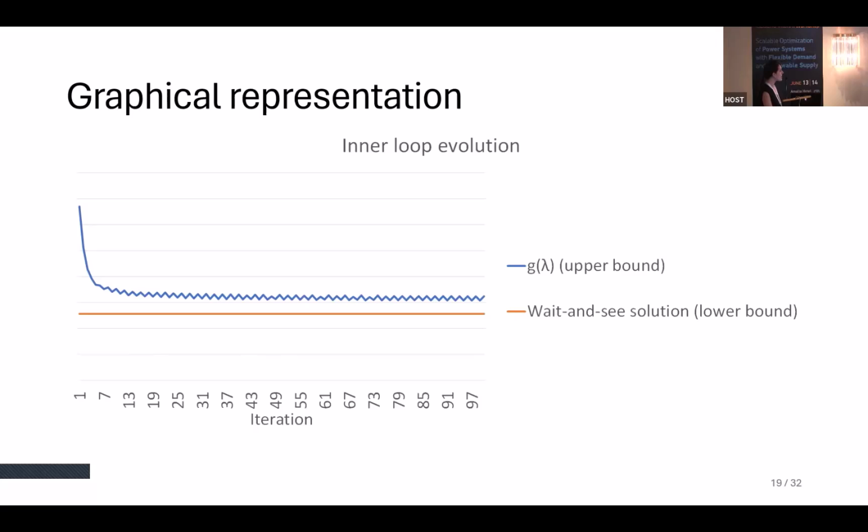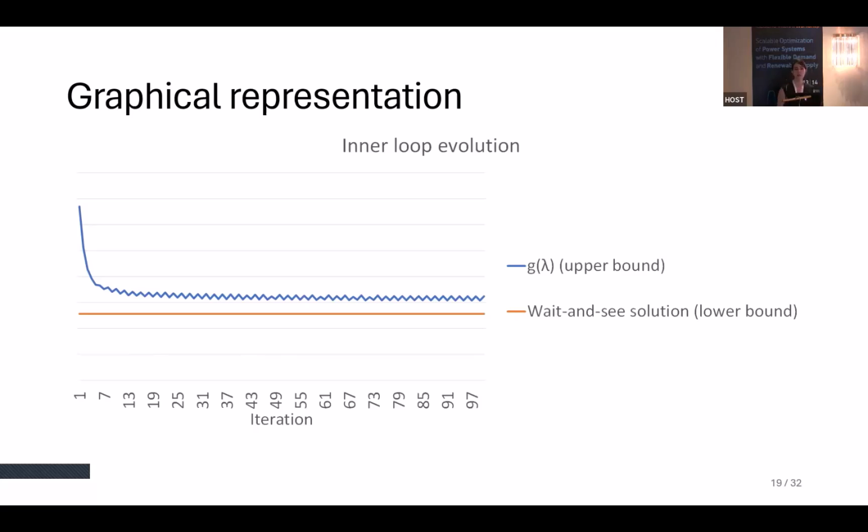So, okay, this is how the inner loop, how GeoVal evolves with iterations. You see that it is going down, but the difference between this part and this part is small.